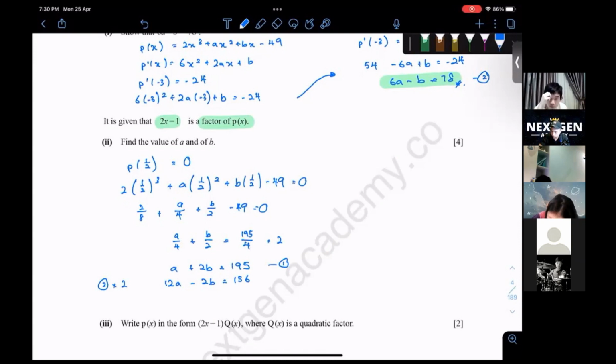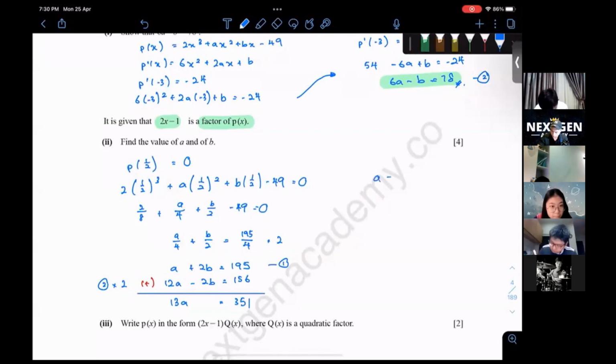So in this case, I have these 2 equations and I add both of them together. So it'll be 13a equals to 195 plus 156, which is 351, divided by 13, which will lead me to a equals to 27.